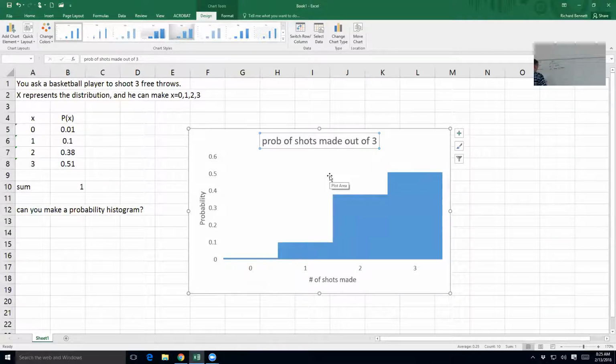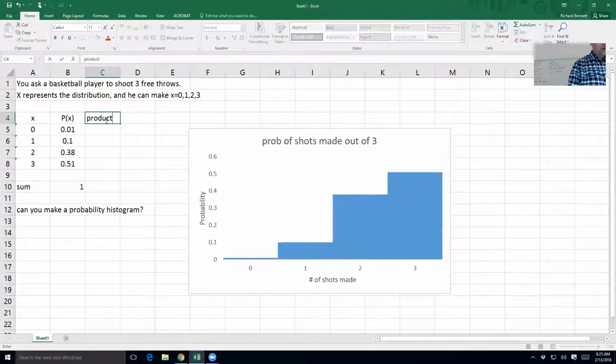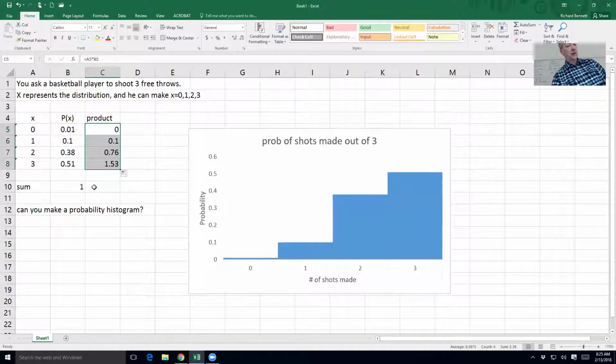So for a discrete random variable, mu sub x equals the sum of x times p of x. So if I'm doing that, all I need to do is find my product here. So I'm going to take x times p of x. Okay? I'm going to copy that formula down. I'm going to find the sum.